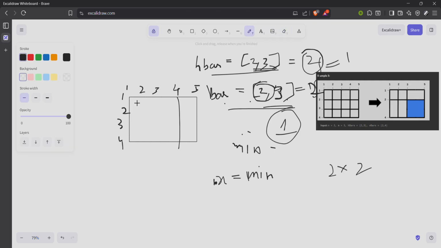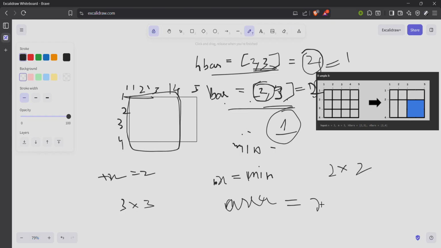So the square size we are getting is this. So basically three units, three cross three. That is, we have the minimum x equal to two. So what we are getting is the maximum area of square is x plus 1 multiplied by x plus 1.